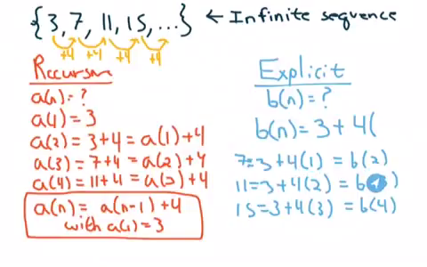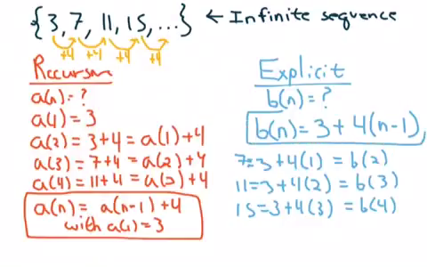If this is 3, 3 minus 1, that's 2. If this is 4, 4 minus 1, that's 3. So I make my guess that this function is going to be 3 plus 4(n minus 1). Now, this is my explicit function.